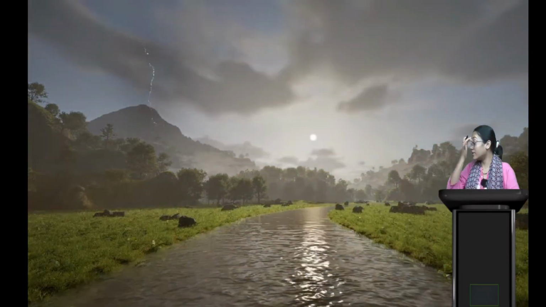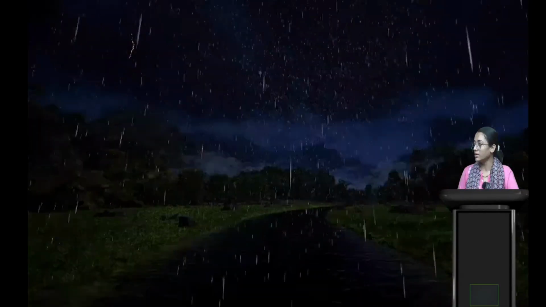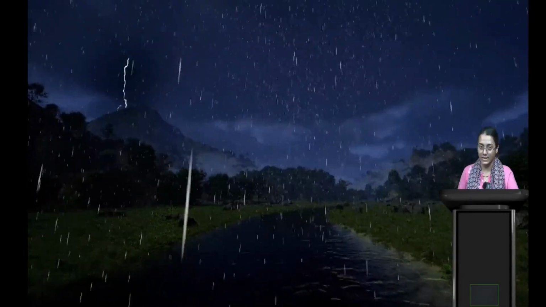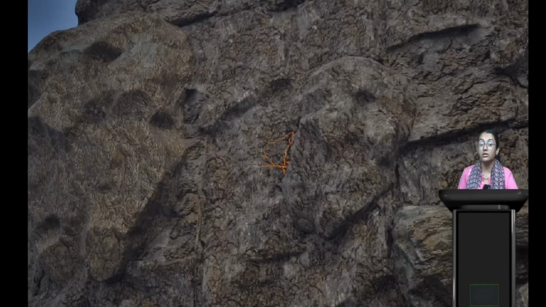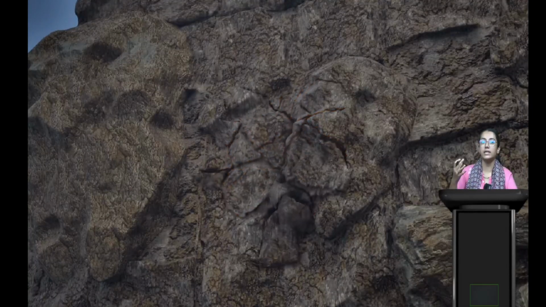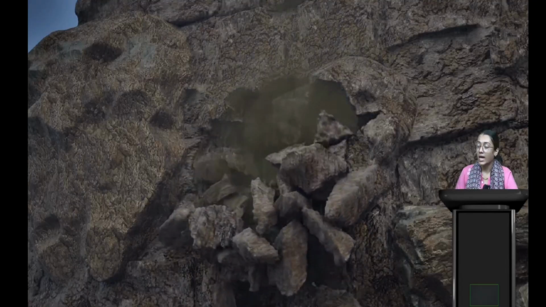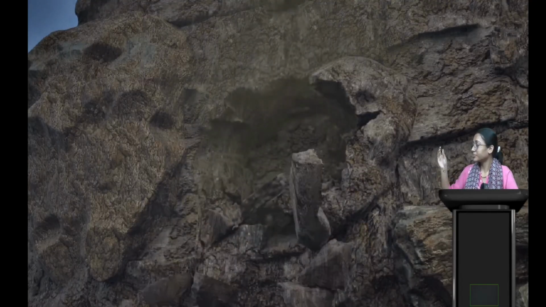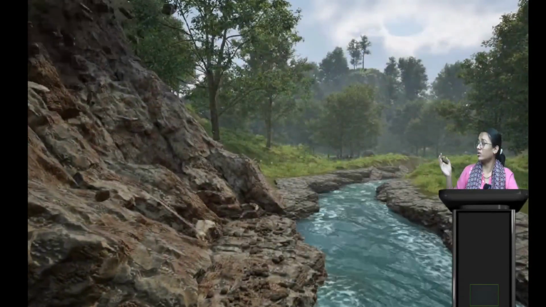So whenever there is too much rain, what happens in the hilly areas? As the hills are made up of what? Right, stones. So the stones get soaked with the rain, and small cracks can be observed on the stones.